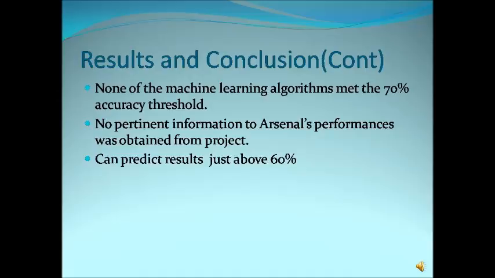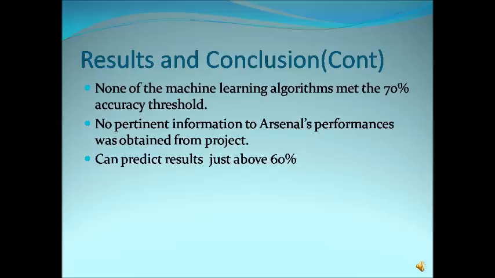So some things to note: none of the machine learning algorithms met the 70% accuracy threshold we initially set for this project. And this threshold is important because we needed to find out if we could reliably trust the machine learning algorithms and the classifier we built to give us pertinent information about Arsenal Football Club's results.